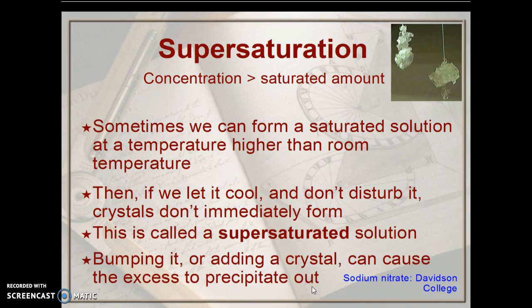We call this a supersaturated solution. It's really got more in the water than it can handle in a low energy state. It's a high energy state. If we bump the solution, or if we add just one little crystal of that substance, the excess will come out. Sometimes even like a snowfall.